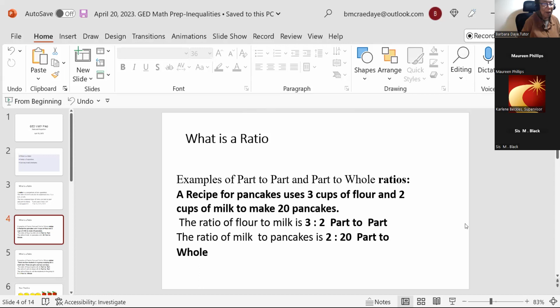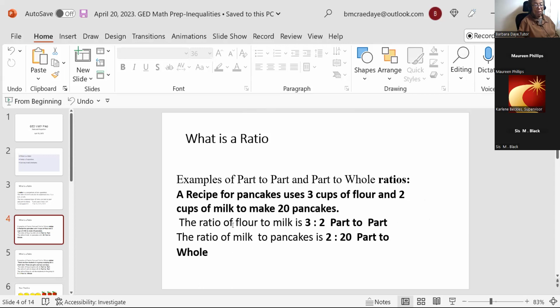So part to part, flour to milk. Now, if I had milk to flour, it wouldn't be 3 to 2, it would be 2 to 3. So make sure you look at what your parts are. Flour to milk is 3 to 2, but milk to flour will be 2 to 3. Got it? Yes, thank you. So always read the problem carefully, because the way you put the parts in order determines what your ratio would be.